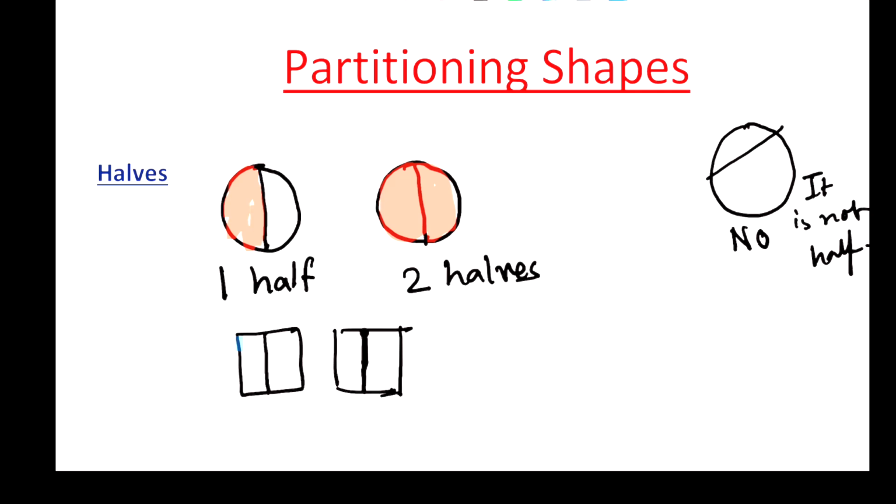First square, I am shading one part. Second square, I am shading both of the parts. So I can say for the first square, 1/2 is shaded and the second square, 2/2 or one whole is shaded.